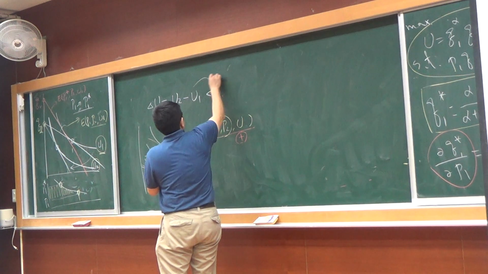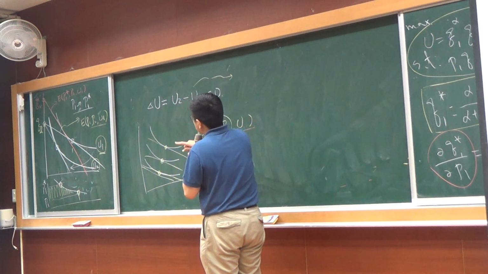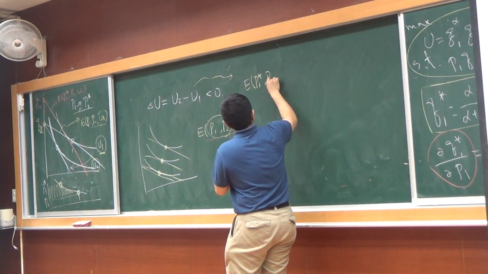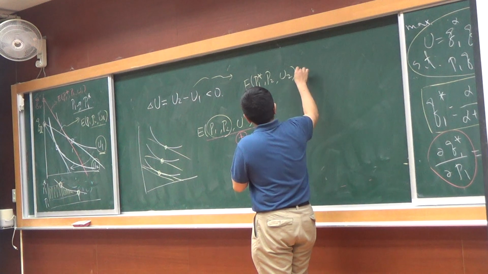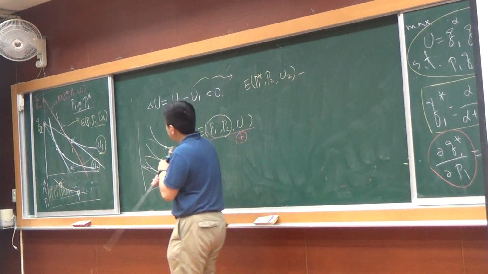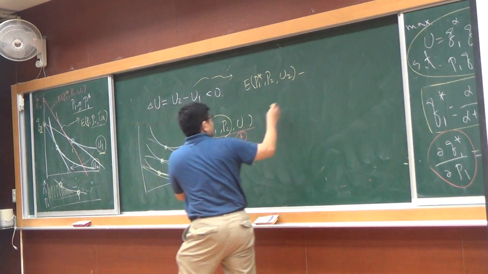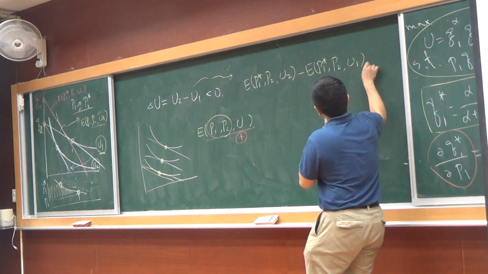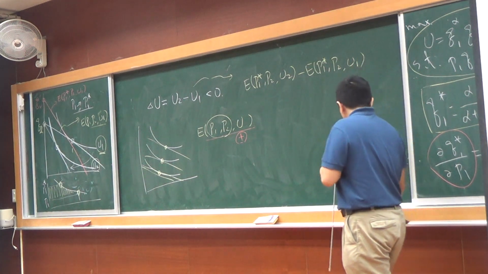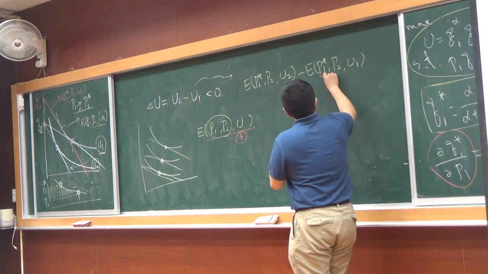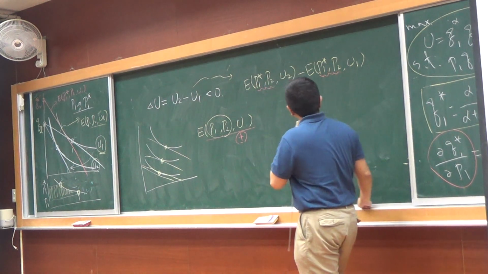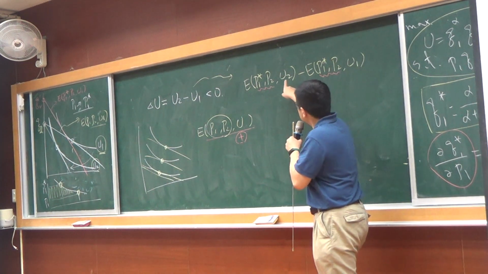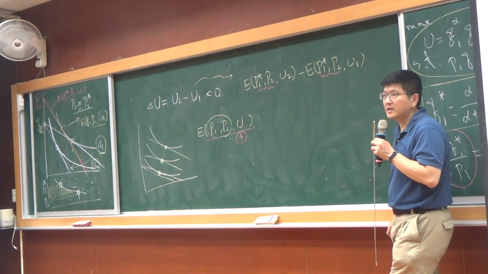So we may change this: now U2 should be measured by E(P1 star, P2, U2) minus this, E(P1 star, P2, U1), with the same MRT, so that we use the monetary way to measure the difference between U2 and U1.